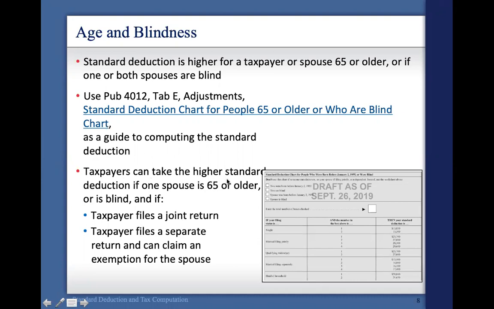Notice that taxpayers can take the higher standard deduction if only one spouse is 65 or older or is blind, and if they file a joint return. So they're filing joint and one of the spouses is 65 or older or blind, and if the taxpayer files a separate return and can claim them as an exemption.